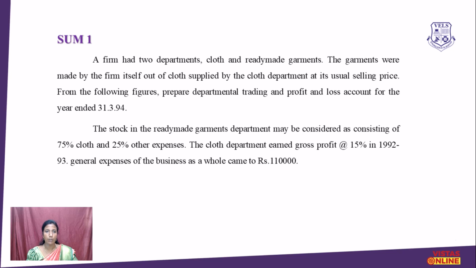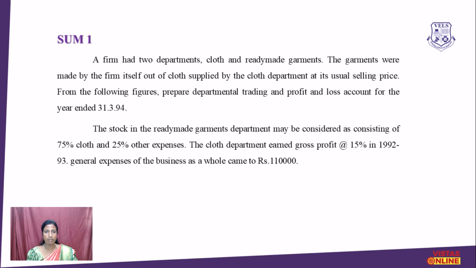A firm had two departments, cloth and ready-made garments. Both departments are included in this problem. The garments were made by the firm itself out of cloth supplied by the cloth department at its usual selling price.